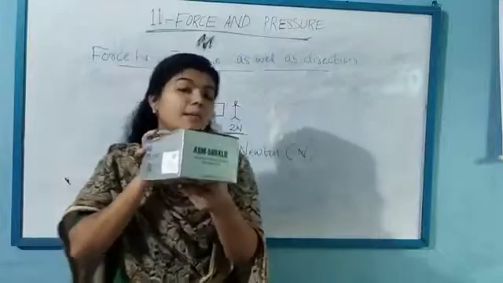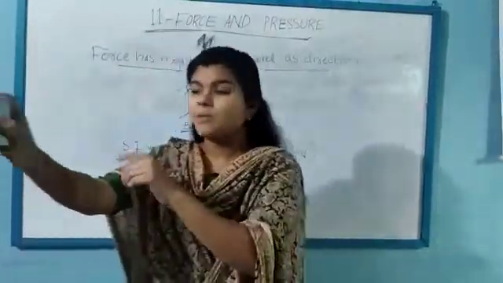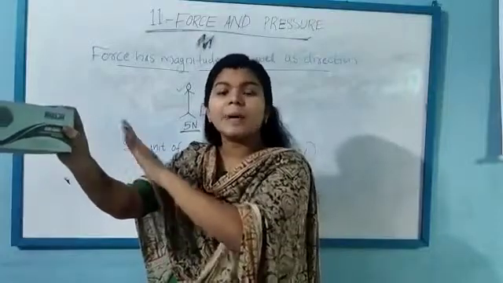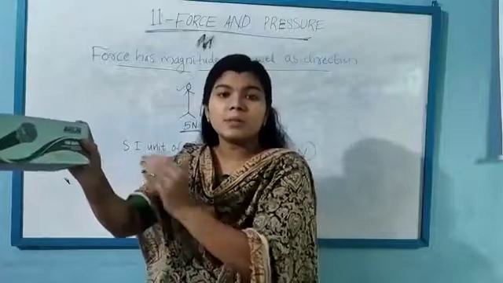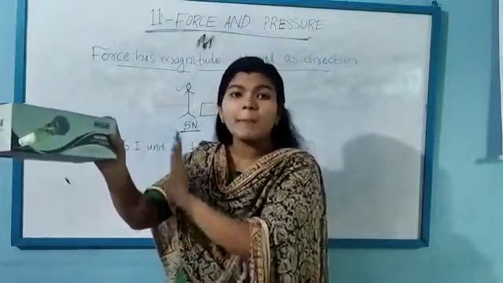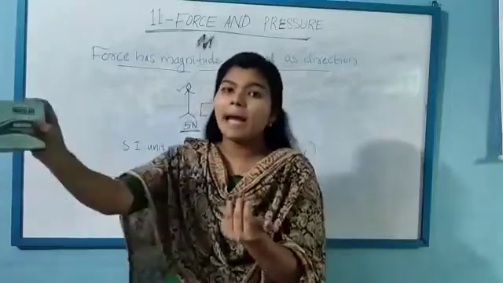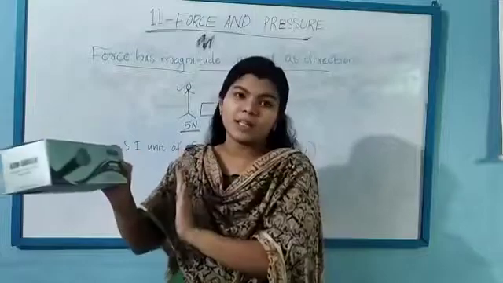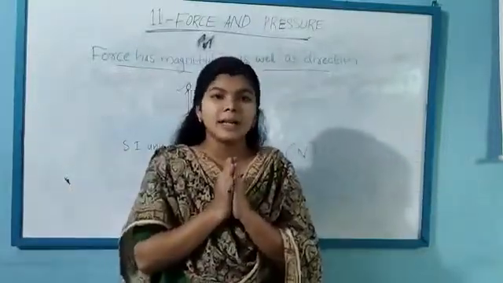When I am trying to move this body in this direction, the force has a particular magnitude and it has a direction. Suppose the force is 2 Newton, it has a magnitude, which means an amount of force is applied, and it has a direction. That's all. Force has magnitude as well as direction.